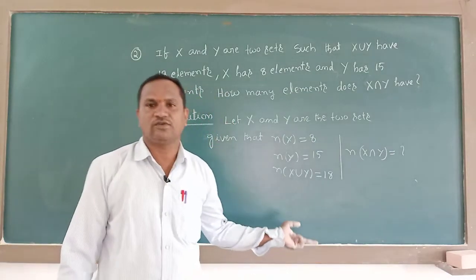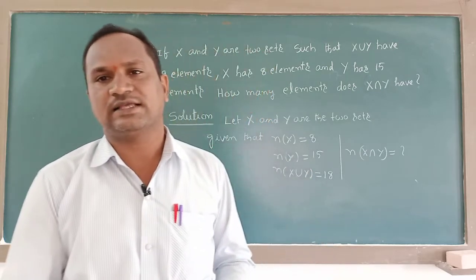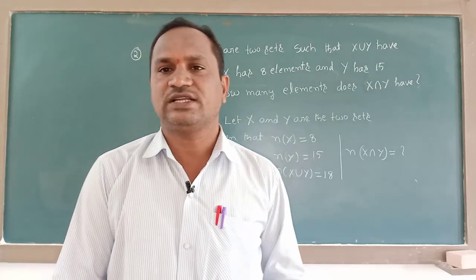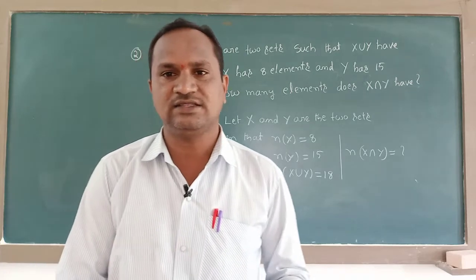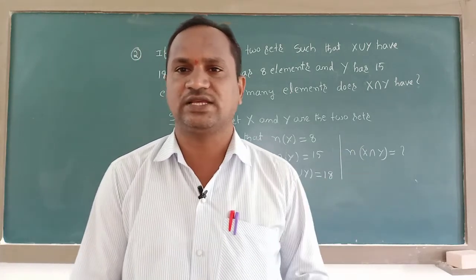The same union formula you have to apply for this also. Same thing they're asking here according to the previous question. But in the previous question they asked directly, but in this question they're asking in words. That is the only difference between the present question and the previous question.